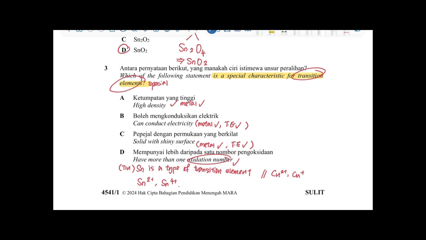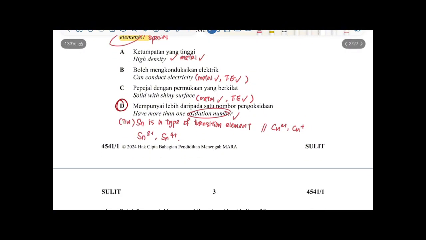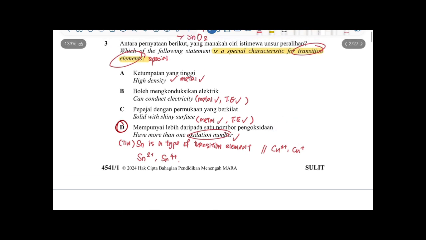So this option will be the answer. For information, copper, which we usually see, is also a type of transition element, where it can exist in copper(II) ion or copper(I) ion.